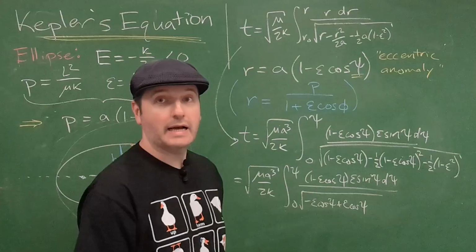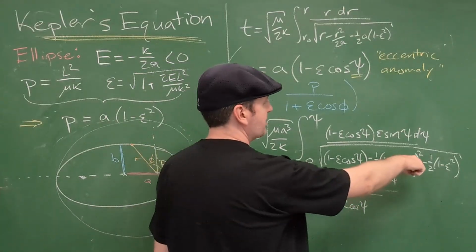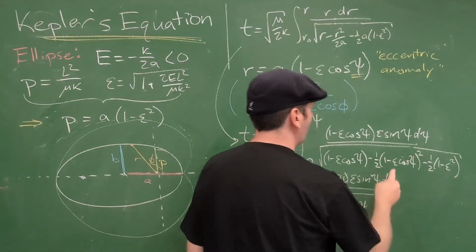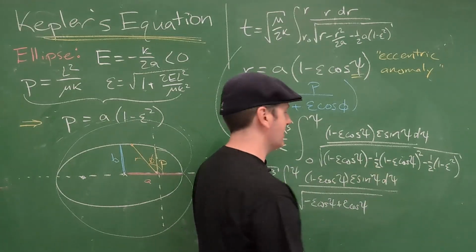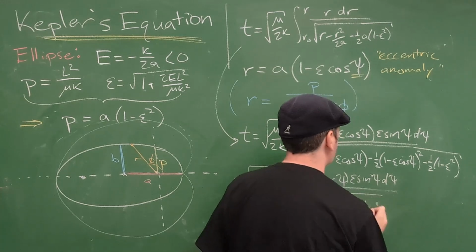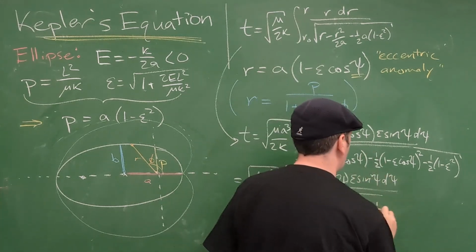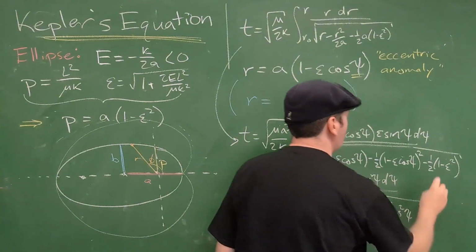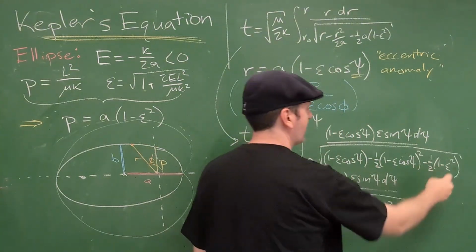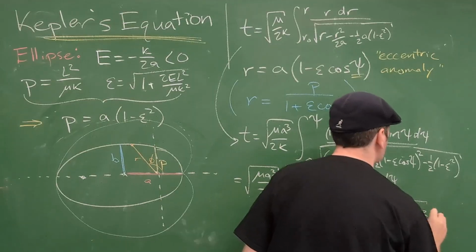Oh, that's going to be nice. This squared term I'll have a minus sign, and then when we square it, I'll have a positive. So minus, because there's a minus sign on the outside, 1/2 epsilon squared cosine squared psi. And then my very last term will be a minus minus, which will be a plus 1/2 epsilon squared.